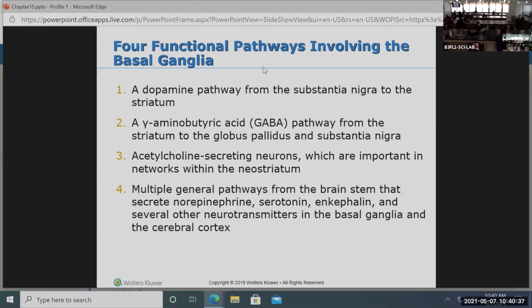From this whole paragraph, please remember dopamine. Is it clear? Dopamine is a neurotransmitter secreted by the cells of the basal ganglia, and that is the substantia nigra.